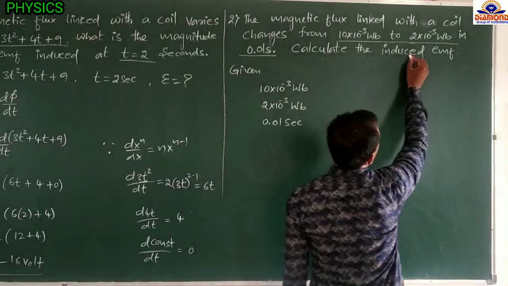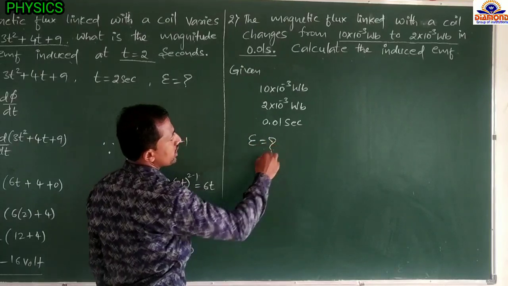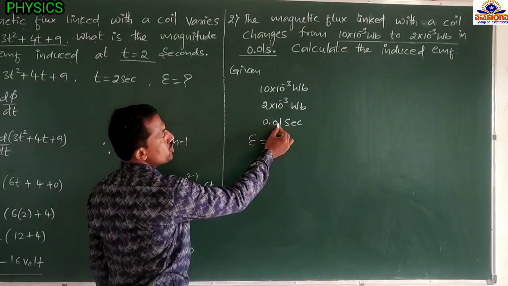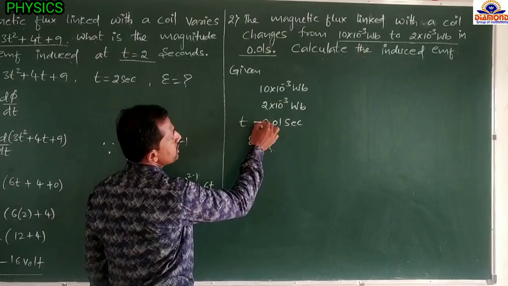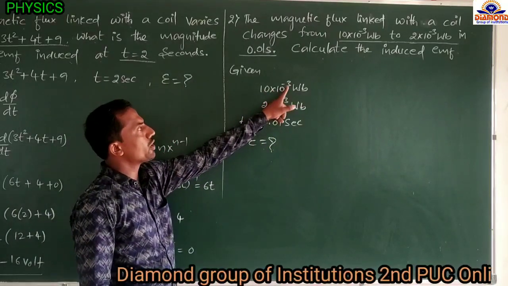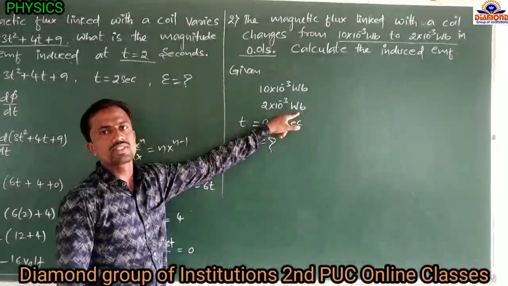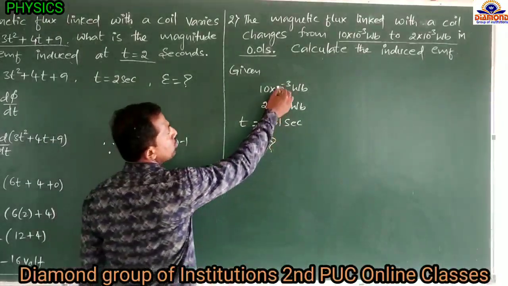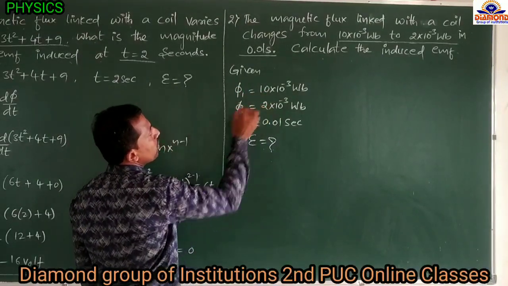Calculate the induced EMF, which means induced EMF equals question mark. Second is the unit of time, so the time value is given. Weber is the unit of magnetic flux. So two values are given to us. That's why we write phi 1 equals a value and phi 2 equals a value.